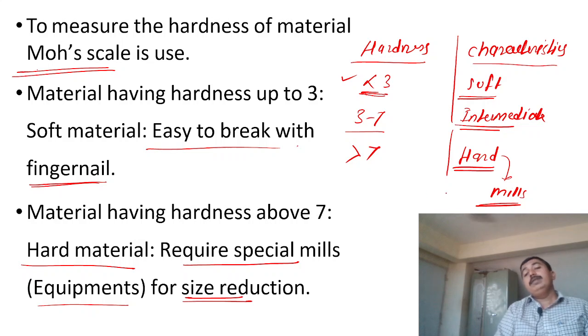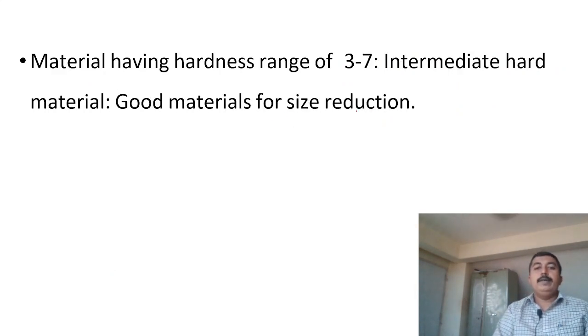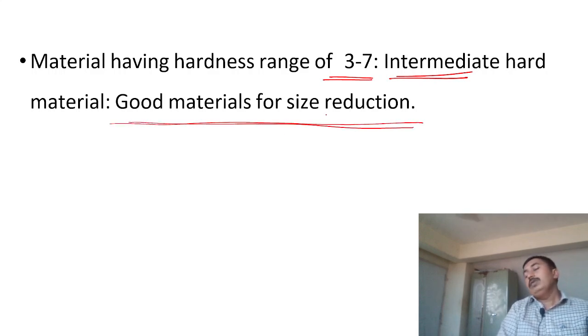If the material is soft, you can easily break it with a fingernail. If it is 3 to 7, it is ideal for size reduction. That is intermediate hardness. If the hardness is 3 to 7, it is known as intermediate hard material, which is good for size reduction and can be broken by applying less energy.